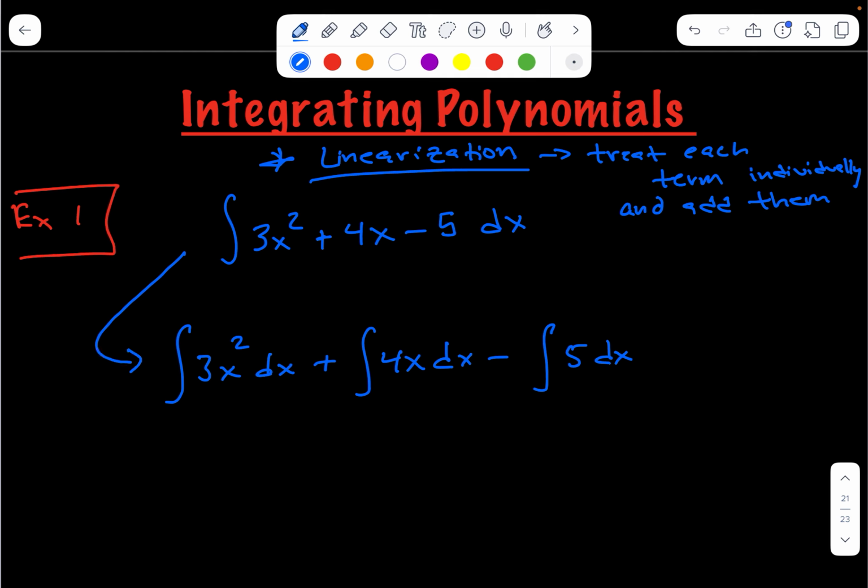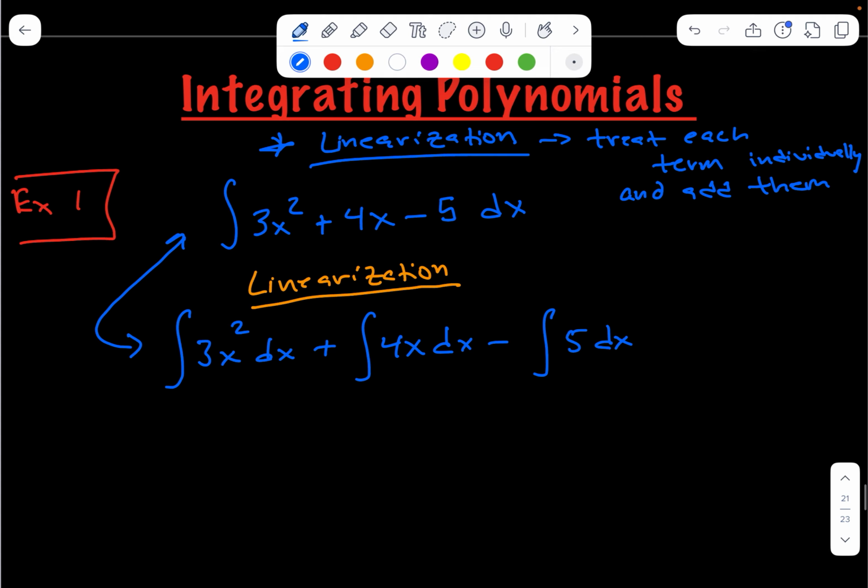So these two are equivalent, and this is what the linearization looks like. So again, I went from a pretty difficult and complex polynomial integration to 3 super easy integrals that I know how to solve using power rule or simple techniques.